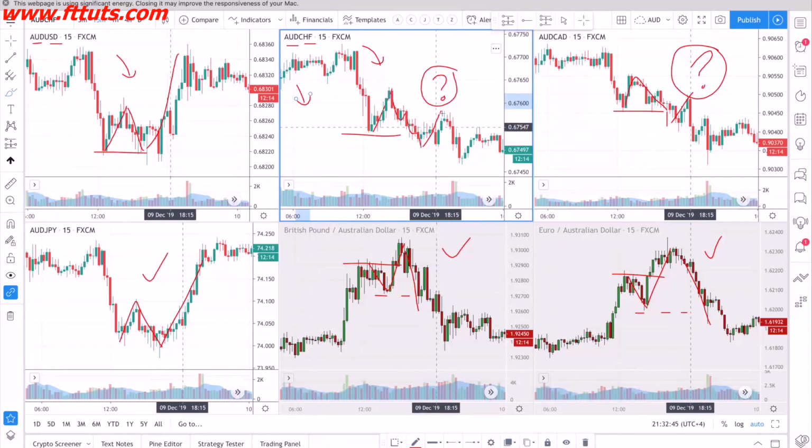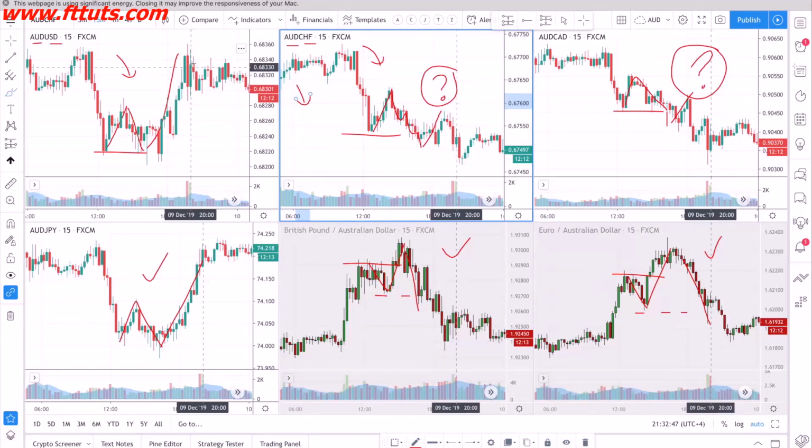It is not pulling back as Aussie USD is doing. It is holding its ground. That gives you additional confirmation that you want to be leaning more towards Aussie Swiss franc compared to Aussie USD. This will help you to understand where the power is underlying.